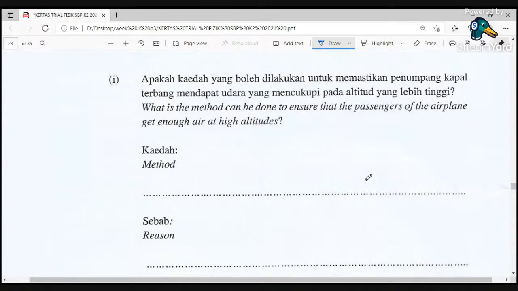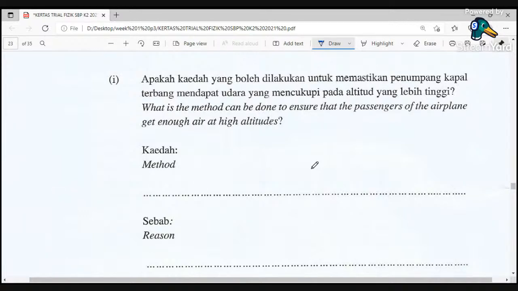Okay, so macam mana nak hasilkan ataupun nak bawa masuk lebih air. Kalau aeroplane ataupun engine jet, the air is sucked into the combustion chamber for combustion of the fuel, for example. So means we need to absorb more air into the engine, okay, into the combustion chamber.